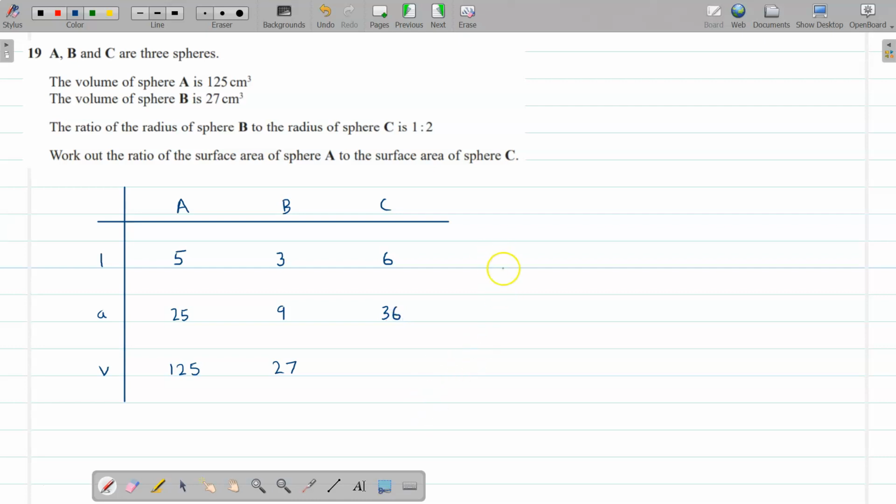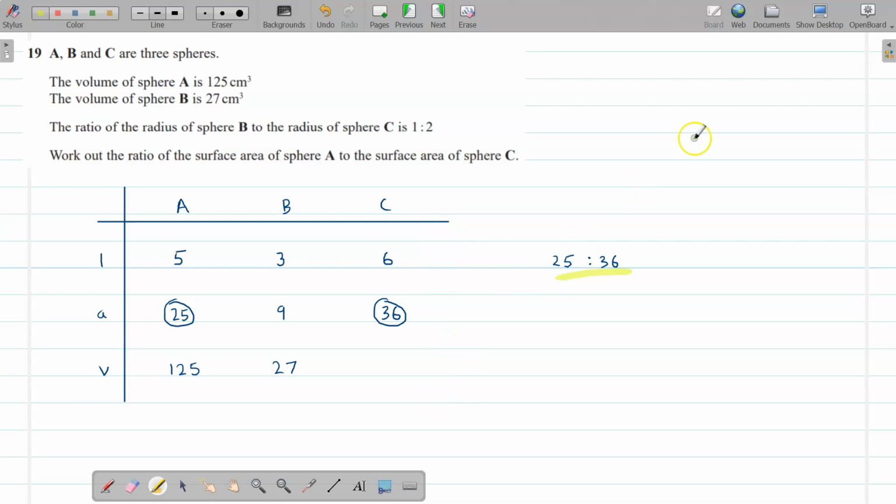So that's all I need. I don't need this number, it would be 216, but we don't need it. We just need these two because it's the ratio of the surface area of sphere A to the surface area of sphere C. So the answer is 25 to 36. And my working out is very clearly shown in that table next to it.